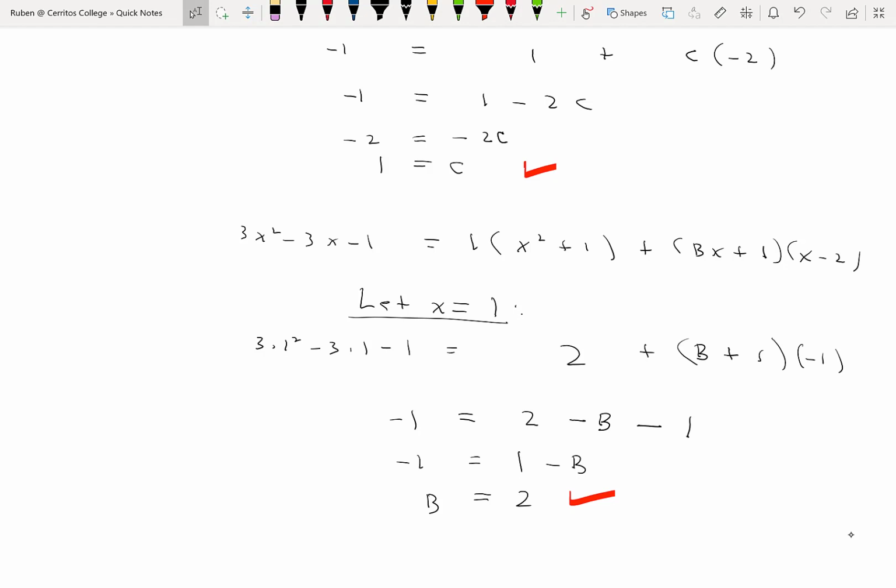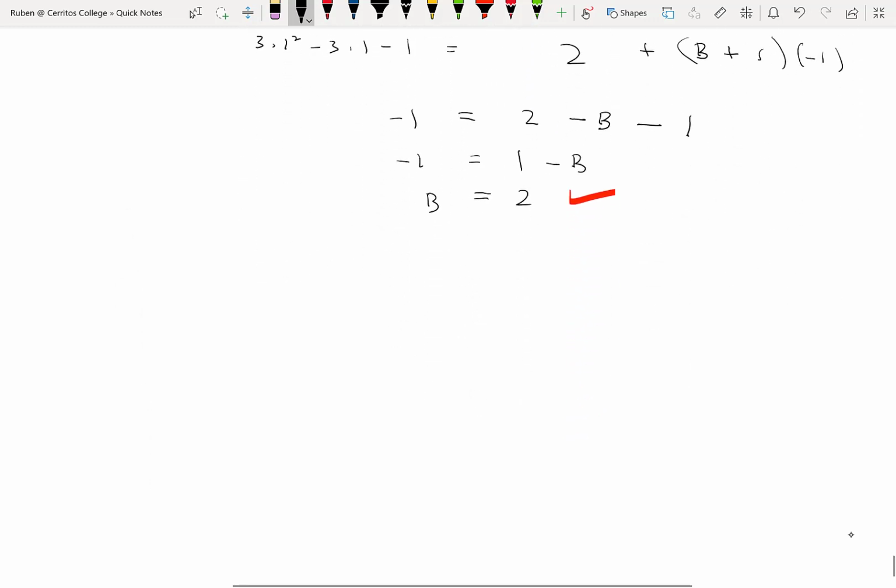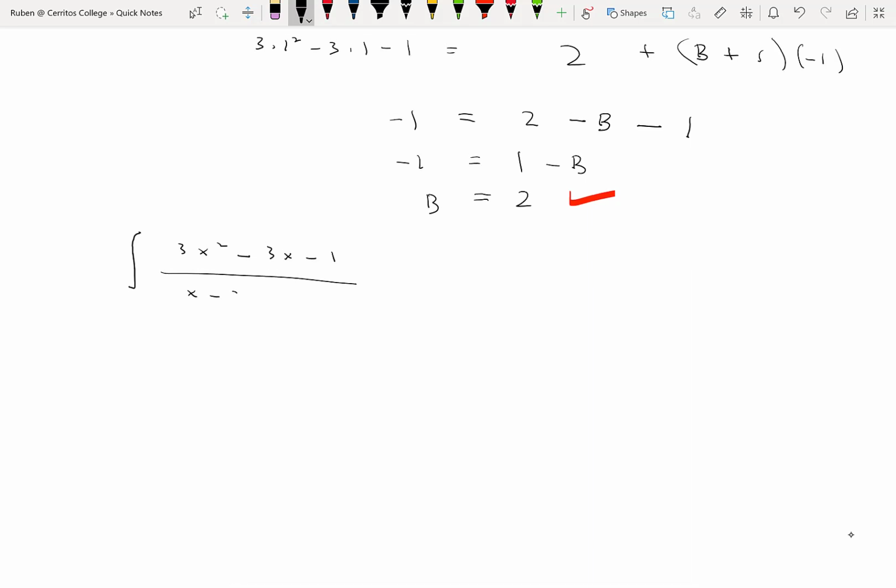Let's go back to our original integral and get those constants in there. So our original integral was the integral of 3x squared minus 3x minus 1 over x minus 2 times x squared plus 1.